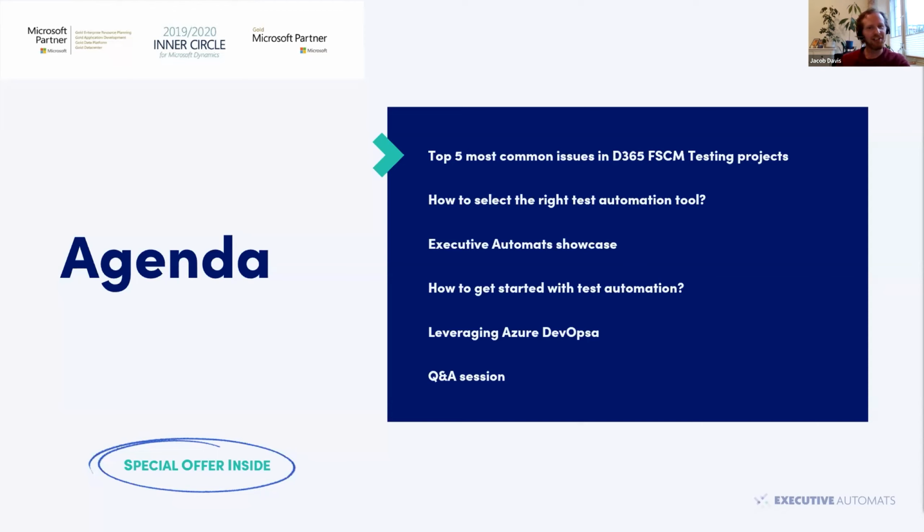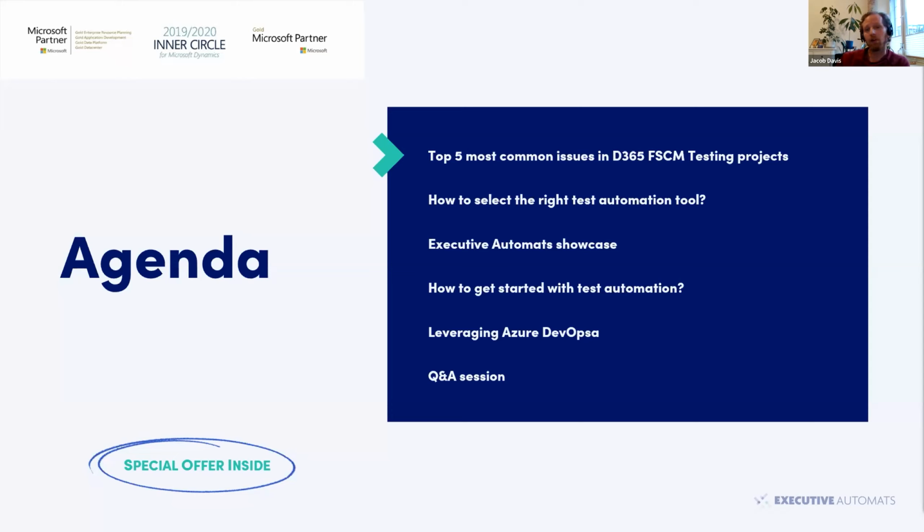Now I'll get into the agenda. We'll talk about the top 5 most common issues in D365 FSCM testing projects from our experience, as well as how to select the right test automation tool for your company. After that, we'll move into the Executive Automat showcase. This is the test automation solution that we've got here at X Plus.